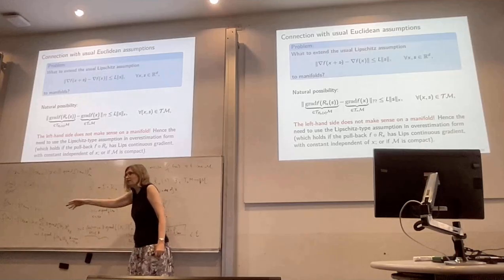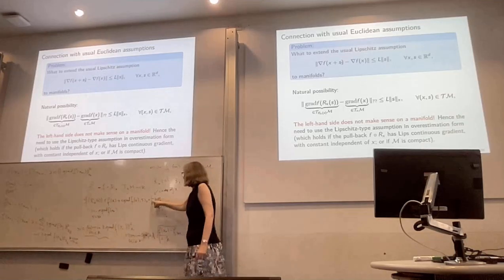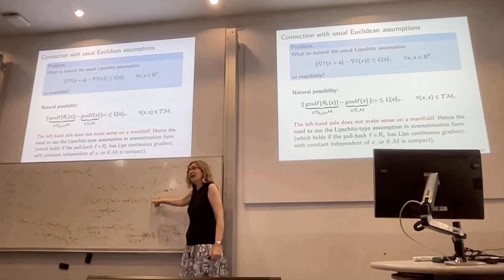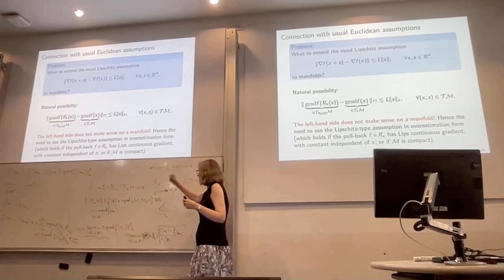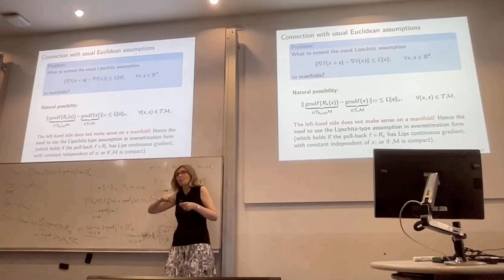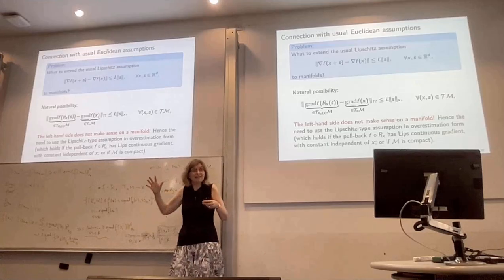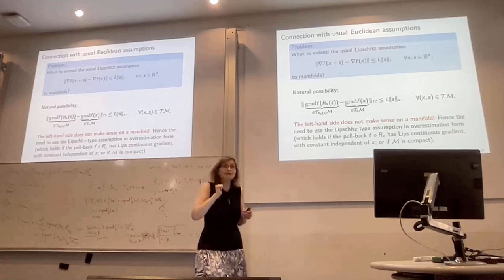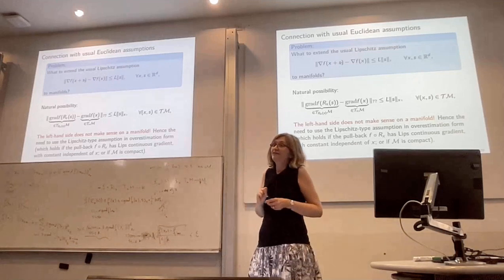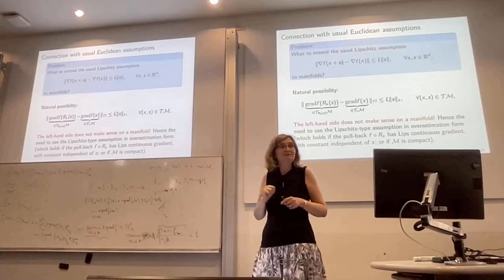That's local, but assume that there is a constant L, that the local Lipschitz constant of my pullback is independent of x or bounded by some other constant L. Then I have this property. For example, this is true if the manifold is compact.